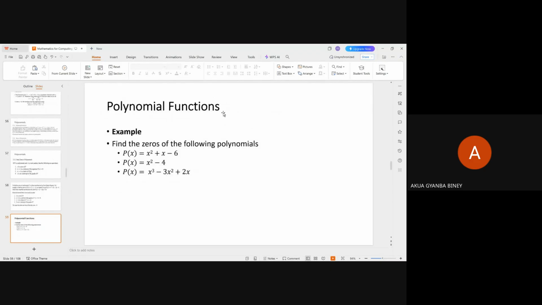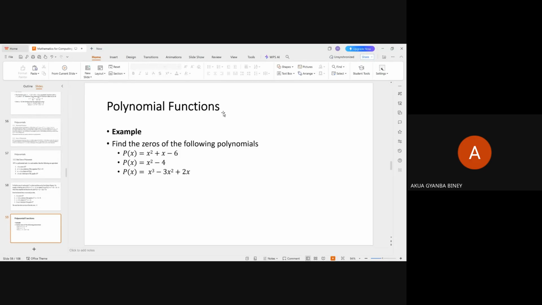So let's try and find the zeros of the following polynomials. The first one. Anna? 2, 6. What else? Is that all? 2 and minus 3, exactly.